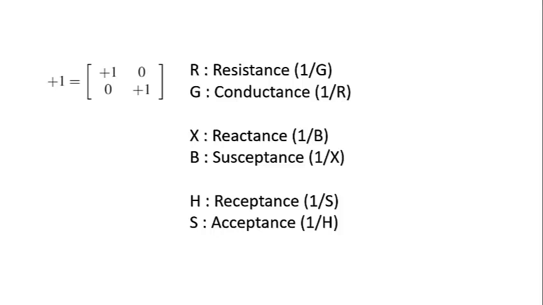And so next we have reactance and susceptance. So X stands for reactance and B stands for susceptance. I'm not sure why, but they chose B. I didn't choose that. So B stands for susceptance, and reactance is the inverse of, or reciprocal of, susceptance, and vice versa.